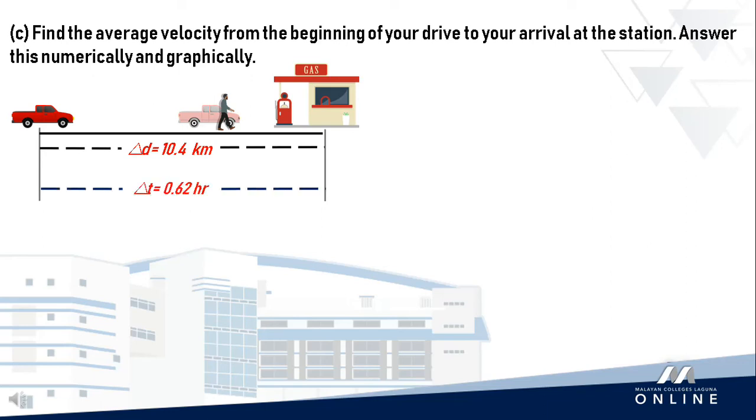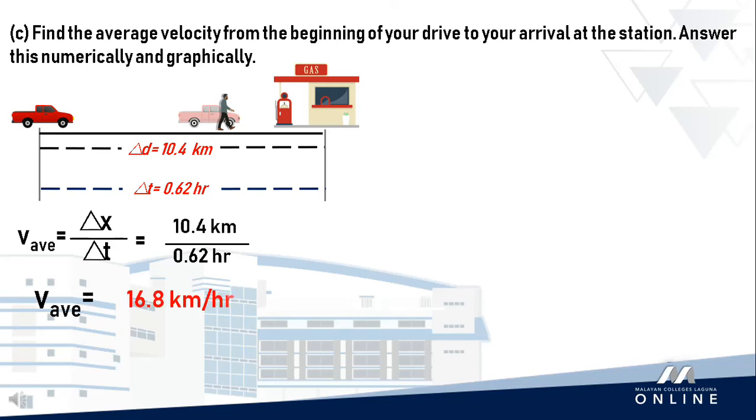So, to calculate average velocity, we will find the ratio of the displacement of 10.4 kilometers for the entire trip to the time interval of 0.62 hour for the entire trip. Substituting the values, we will get the final answer as 16.8 kilometers per hour.